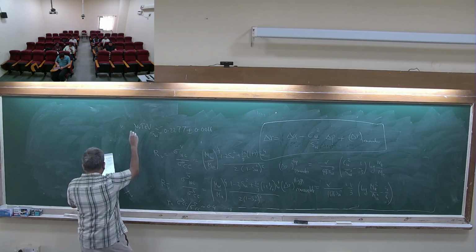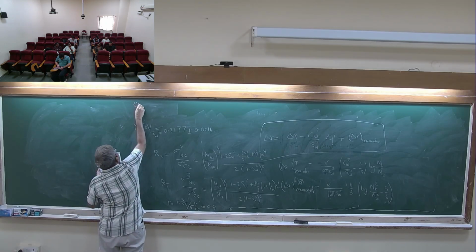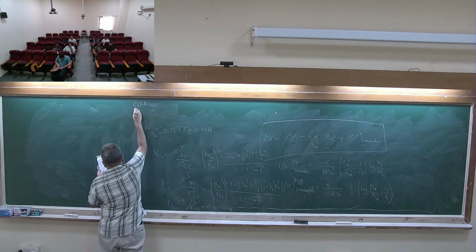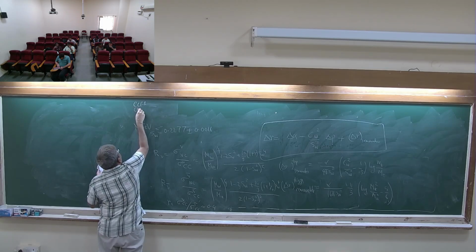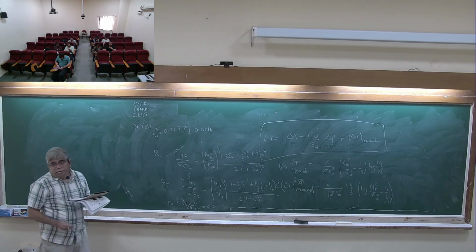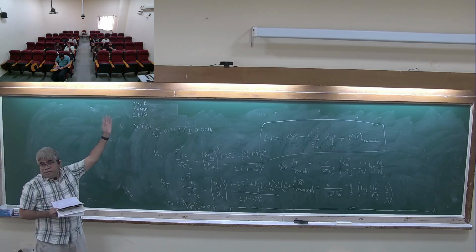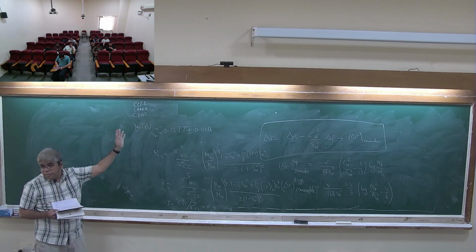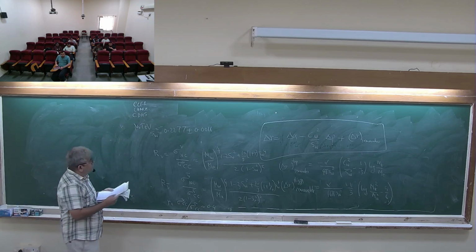And then there are very old experiments, CCFR, CHARM, CDHS. These are extremely old neutrino scattering experiments. Those data we still use, especially for sterile neutrinos and all those scattering effects.